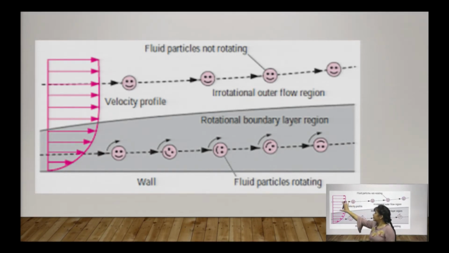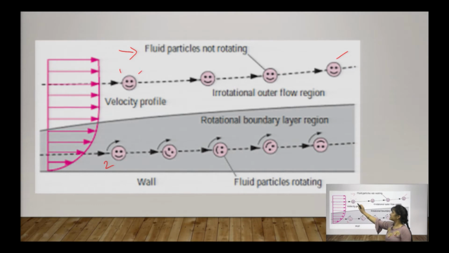This is a set of flow, you can say this is the velocity distribution of fluid flowing in this direction. Here we have considered two fluid particles, fluid particle 1 and fluid particle 2. Fluid particle 1 reaches from this point to the final point without rotating on its own axis.